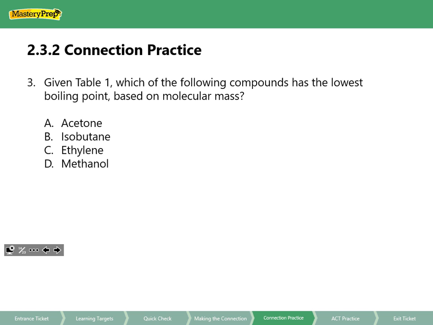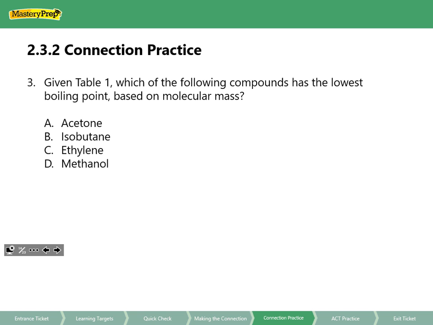Well, it'd be nice to actually know a little bit more about it, yes? So A, boiling point is the temperature at which a compound changes phases from a liquid to a gas. And B, boiling points are generally higher for linear organic compounds that have higher molecular weights.